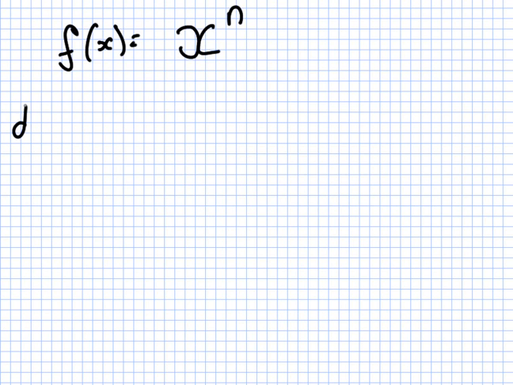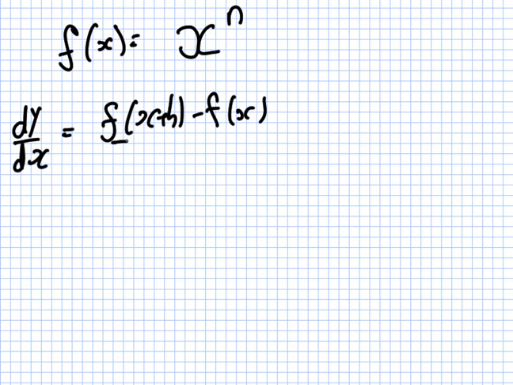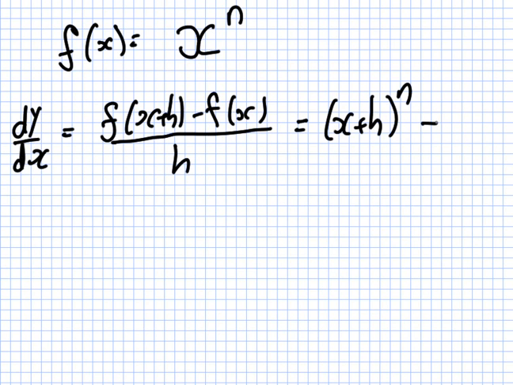So let's calculate the derivative here by using our first principles method. If you remember, the formula is f(x+h) minus f(x) all over h. So here, that's (x+h)^n minus x^n all over h.